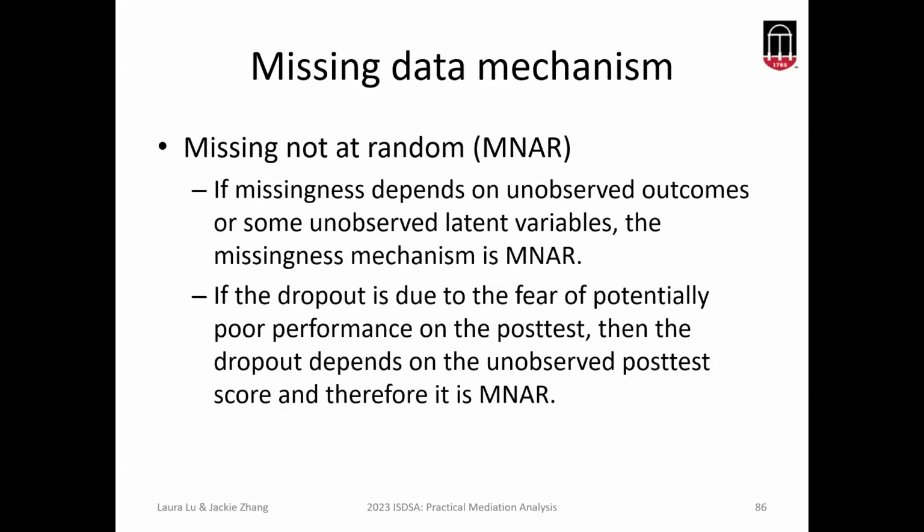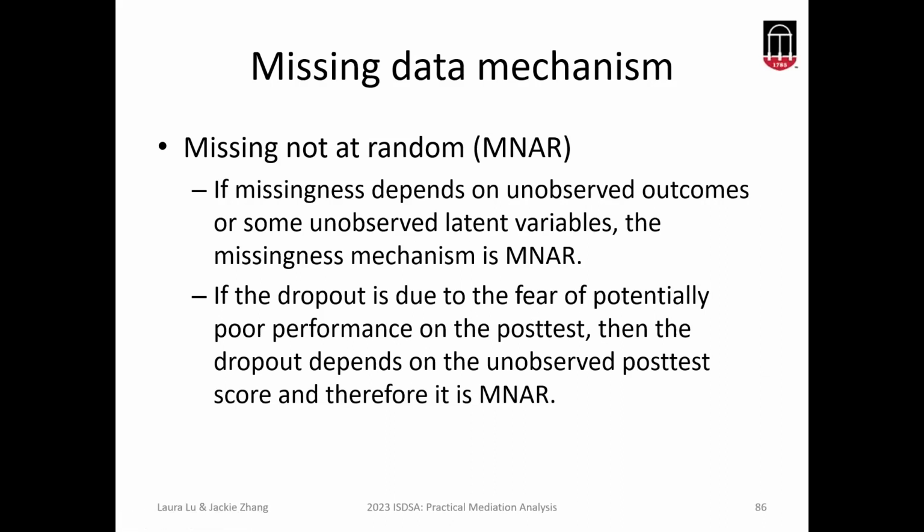But we also have missing not at random, MNAR. So what does that mean? The missingness depends on some unobserved information, an unobserved outcome, or some latent variables. Then we call it missing not at random. For example, the dropout is due to the fear of potential poor performance on the post-test. The person just doesn't want to have a poor score, and the post-test is unobserved because it's not taken yet.